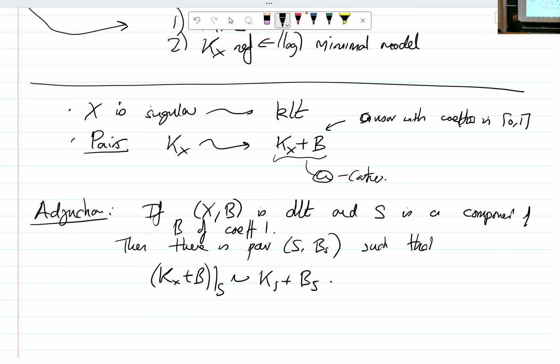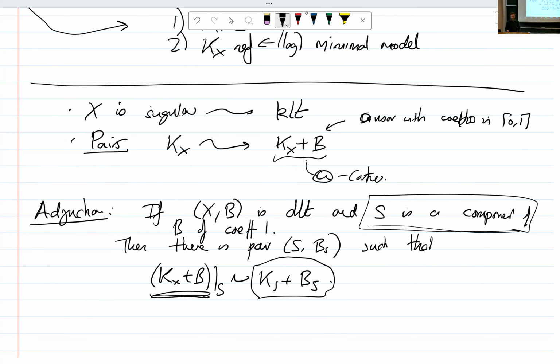So then the point here is you're allowed to talk about things by induction. You've got something of lower dimension here, which you restrict to, and you put yourself in the same situation as you had before. Only now, well, this is why the pair is necessary, because even if you don't start with a boundary, if you just start with K_X plus S, this 1 will appear here in general.